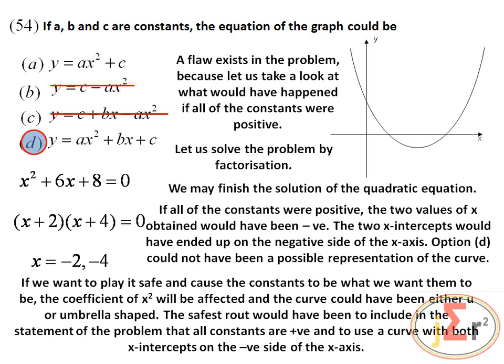So if we stated that the x squared coefficient is positive and said nothing about b and c, I think that would even be better than stating that all of the constants are positive and causing the curve to be on the negative side of the x-axis.